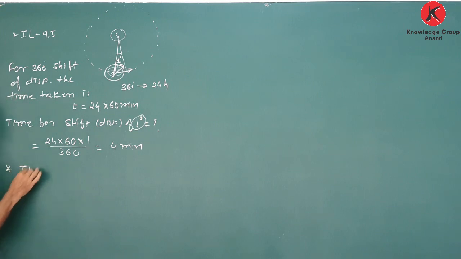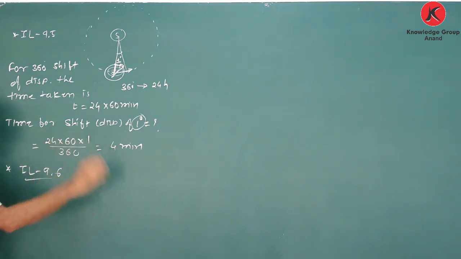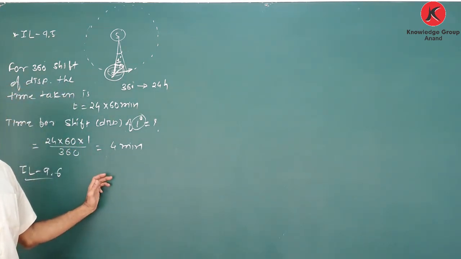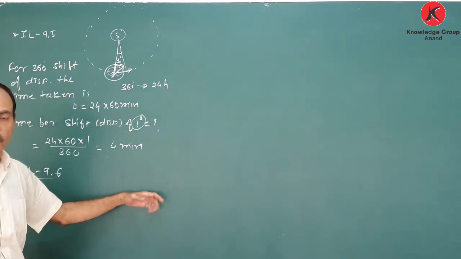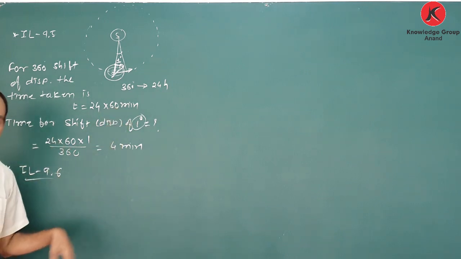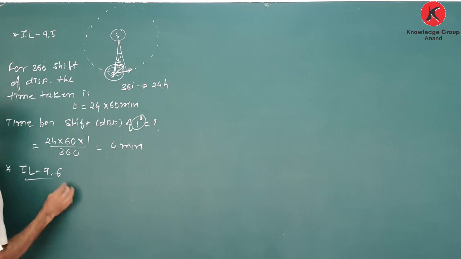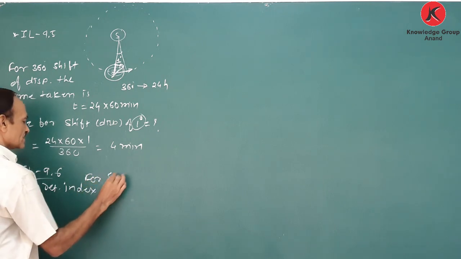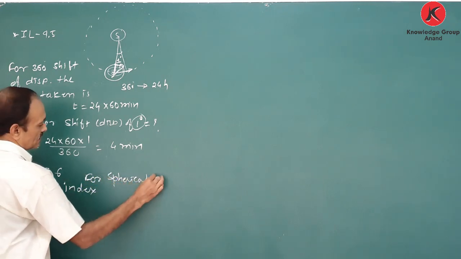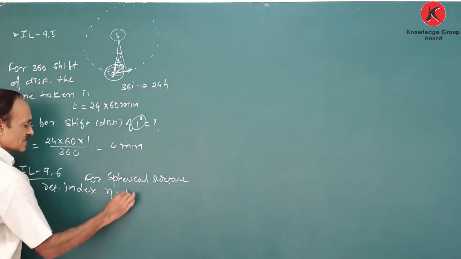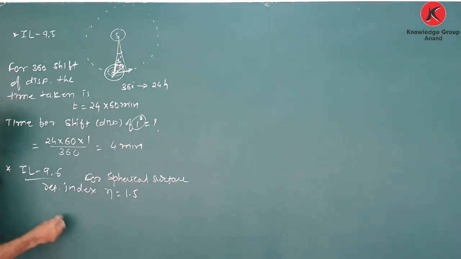Now, next illustration 9.6. Rays fall on a spherical surface having refractive index 1.5 and radius of curvature 20 centimeter in air. Therefore, the refractive index n is equal to 1.5.